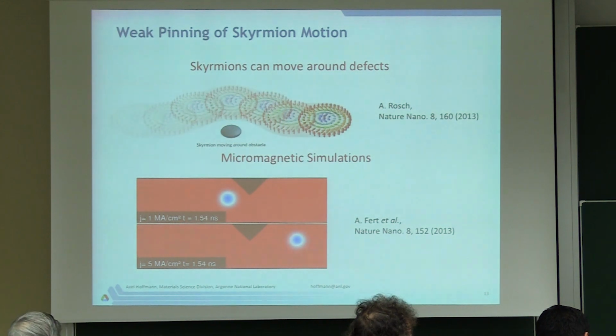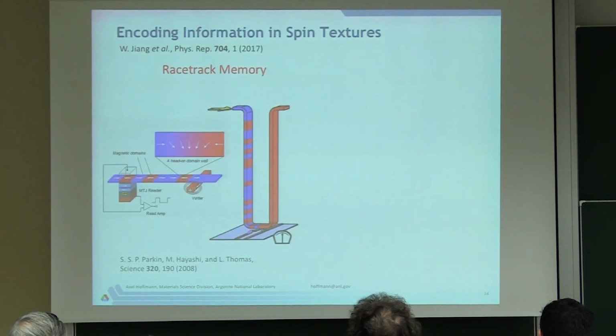Now, the idea of using magnetic structures and moving them with electric currents and using that for applications is not necessarily new. This was developed as an idea by Stuart Parkin at IBM. Essentially, he had the idea that if you take a magnetic wire, you can use electric currents to move domain walls.